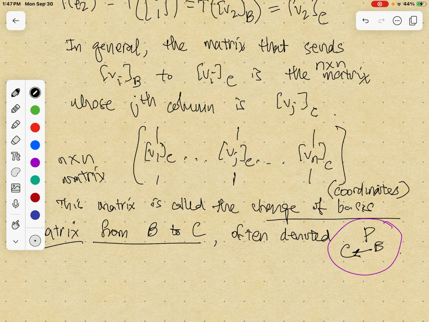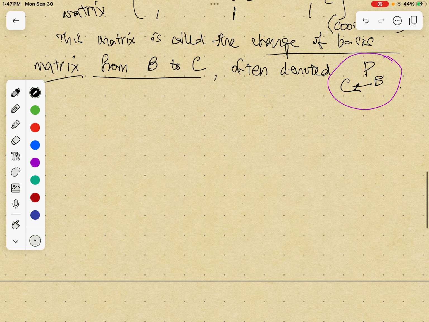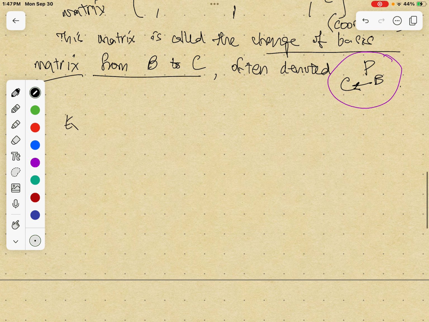So let's do an example. Now I'm referring to the book by Lay, section 4.7, Lay's Linear Algebra textbook. Let's say that B is B1, B2, and C is C1, C2. Oh, they write it as a set.